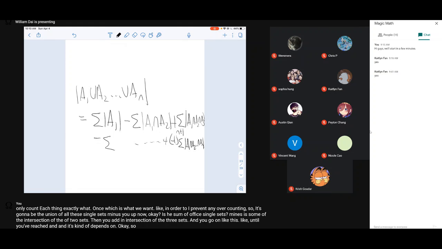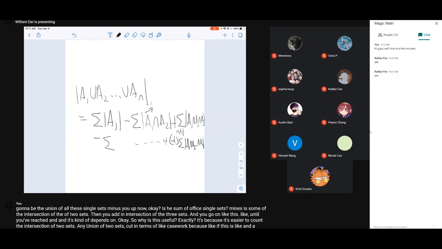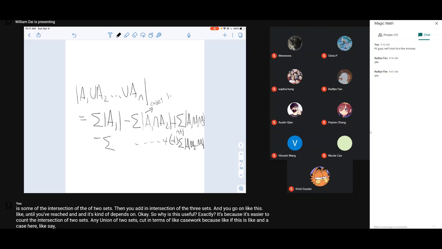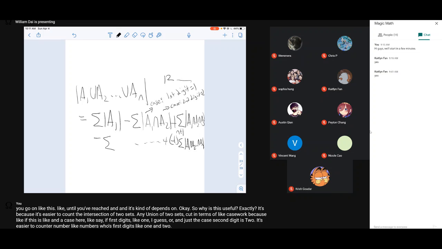Okay, and so why is this useful exactly? It's because it's easier to count the intersection of two sets than the union of two sets in terms of casework. Say if this is the case where the first digit is 1, and this is the case where the second digit is 2, it's easier to count the numbers whose first digits are 1 and 2 than it is to count the numbers that meet at least one of these conditions.